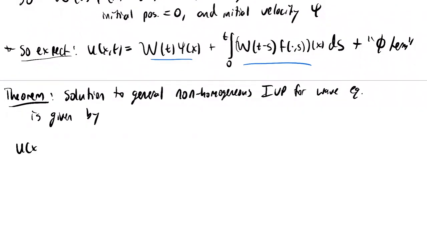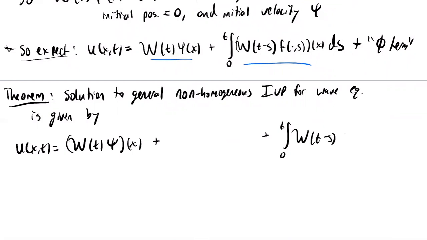We have u of x,t equal to this wave operator applied to the initial velocity at x, plus another term which corresponds to phi, plus the term we had here. The phi term turns out to be not the wave operator applied to phi, but just the derivative of that with respect to t.